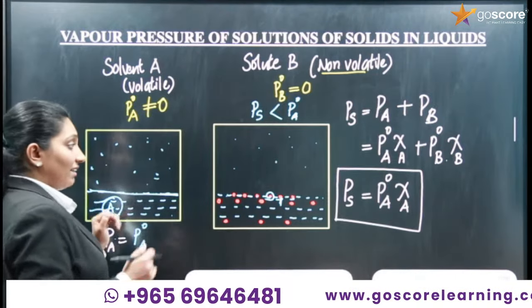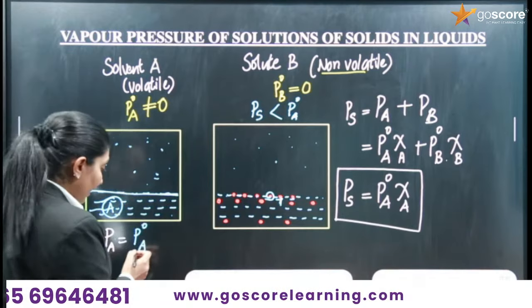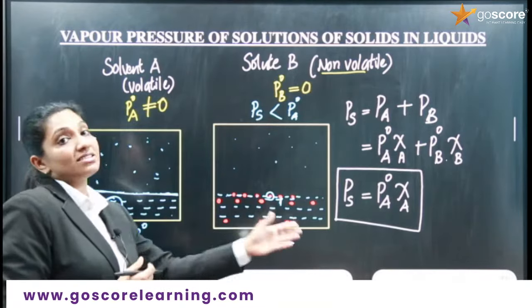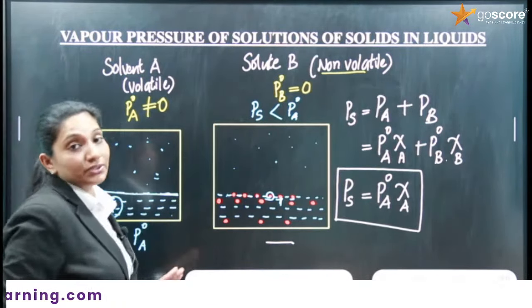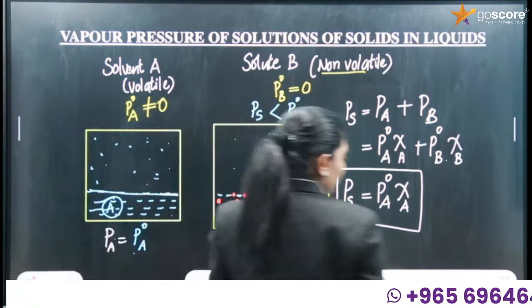So we can say there is a lowering of vapor pressure, isn't it? This value is higher, and the vapor pressure we are getting in the solution is a lower value. So we can say there is a lowering of vapor pressure. Understood? So now let's see.